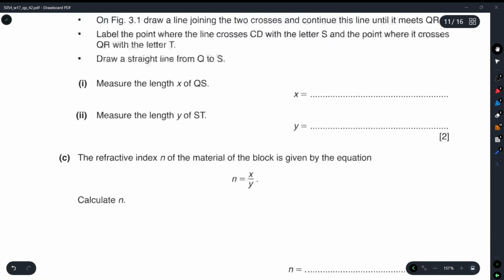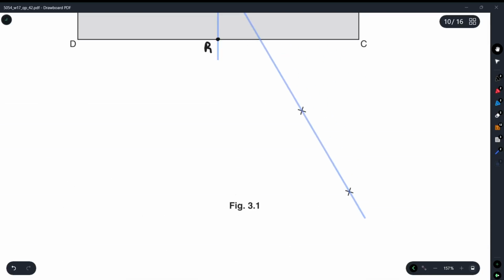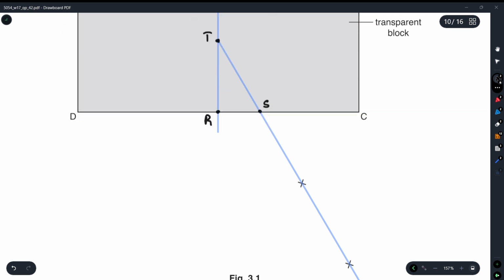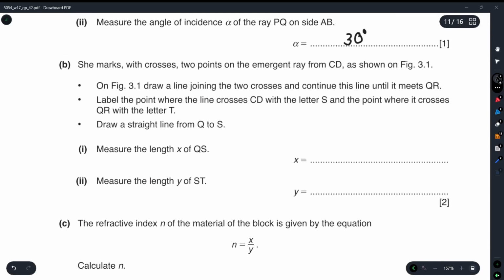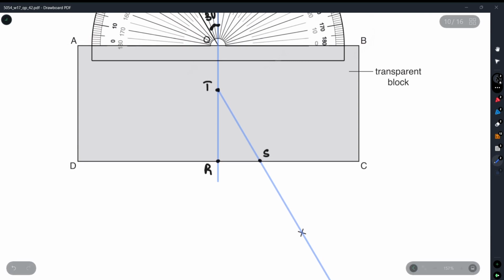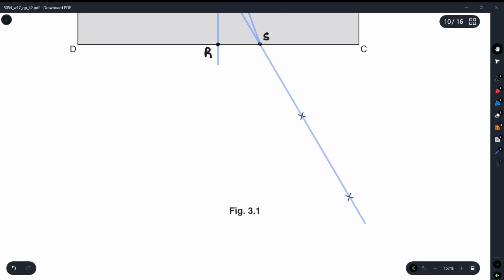What do we need to label that as? Label the point where the line crosses CD as S and the point where it crosses QR as T. So this right here is going to be S, and this right here is going to be T. All right, draw a line from Q to S. Q to S, we need to draw a line like so as well.